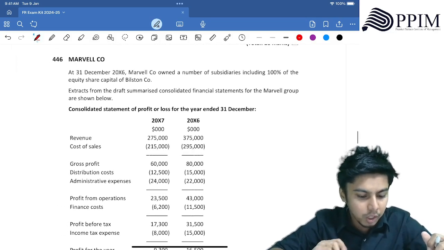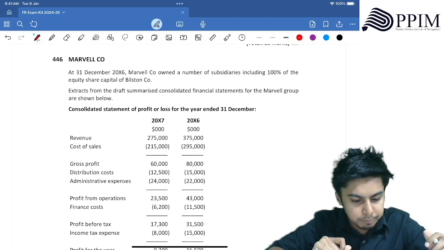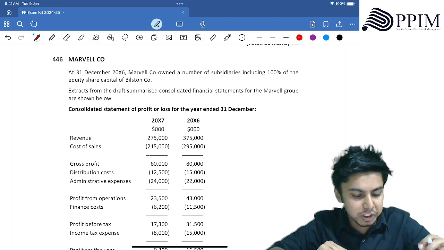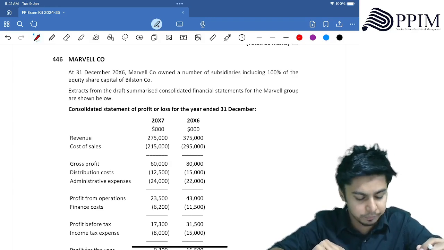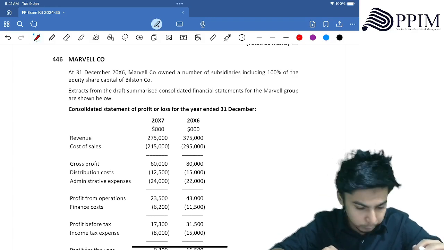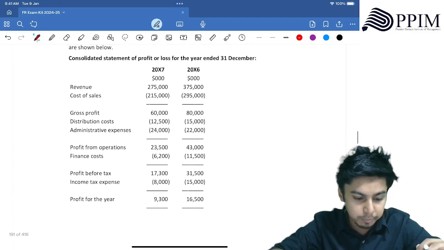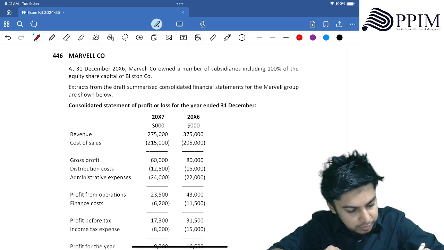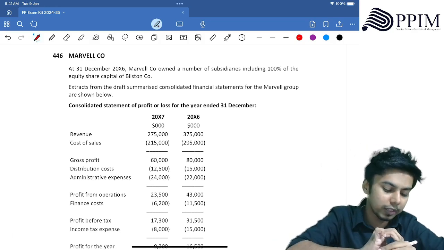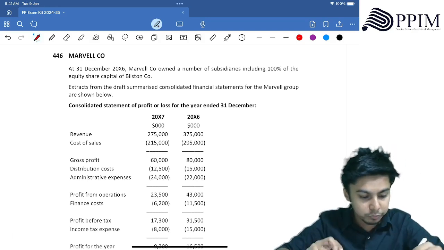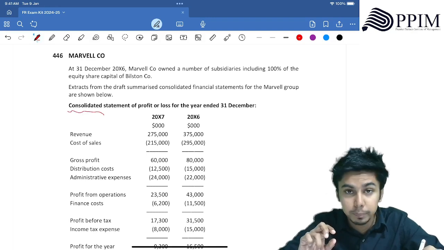On 31st of December, Marvel owned a number of subsidiaries, including a 100% equity share in Bilston. An extract from the draft summarized financial statements for the Marvel Group is given below. They have given 2007 and 2006, both of these are consolidated P&L.